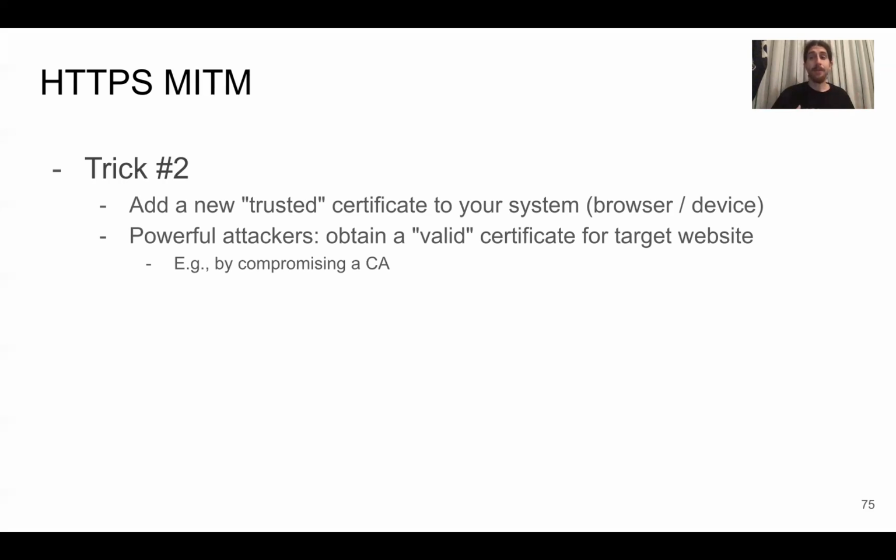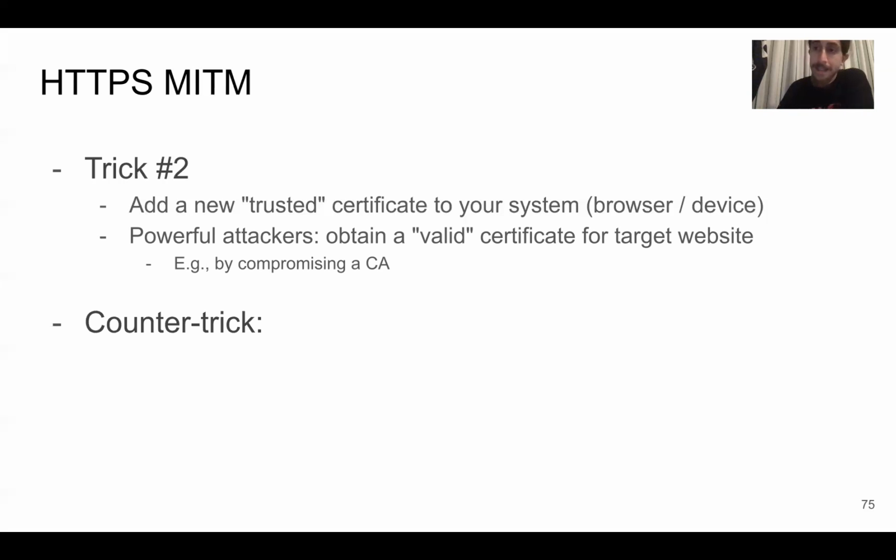It's a certificate authority which has certificates that are signed by another certificate authority, which are eventually signed by a root certificate. If an attacker is able to compromise a certificate authority that is already on the chain of trust, then I will be able to create a new valid signature for facebook.com with a certificate authority that is already trusted.